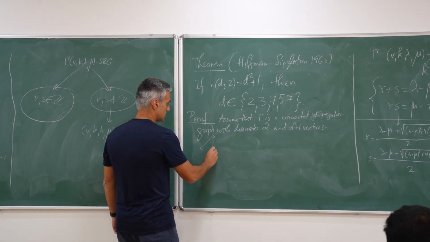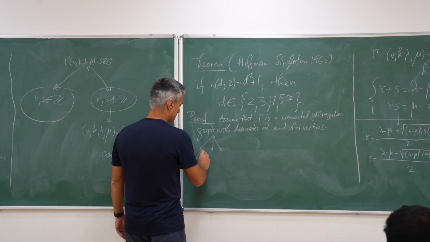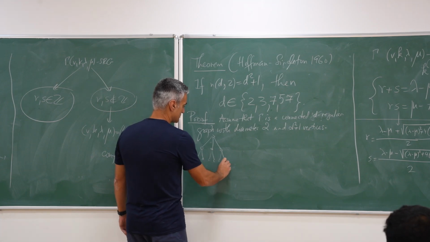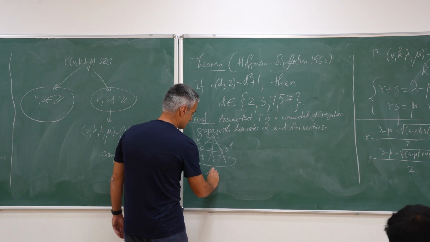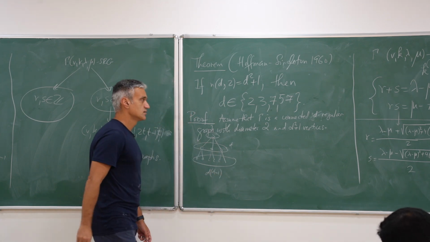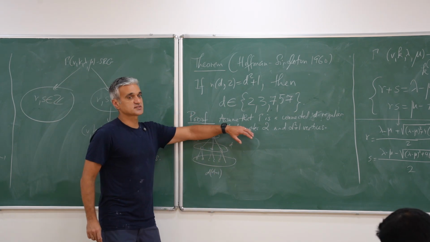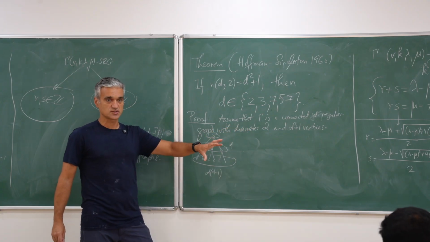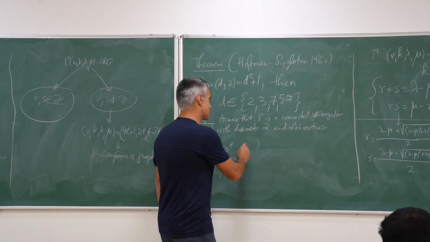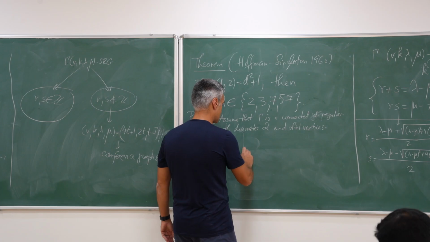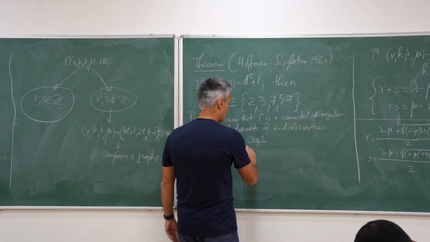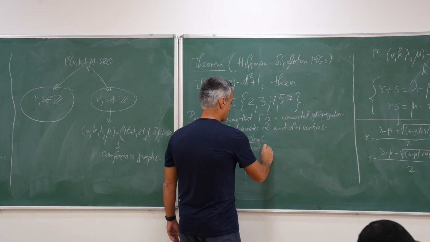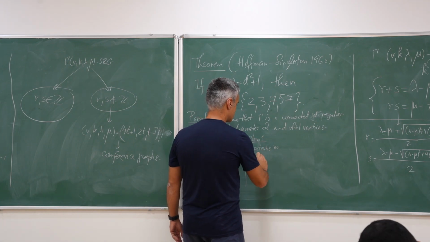So here you have one vertex, here you have d, and here you will always have d times d minus 1. Now, in order to say something about this graph, you have to analyze its structure a little bit. And first I will say the following. Claim 1: gamma contains no triangles.